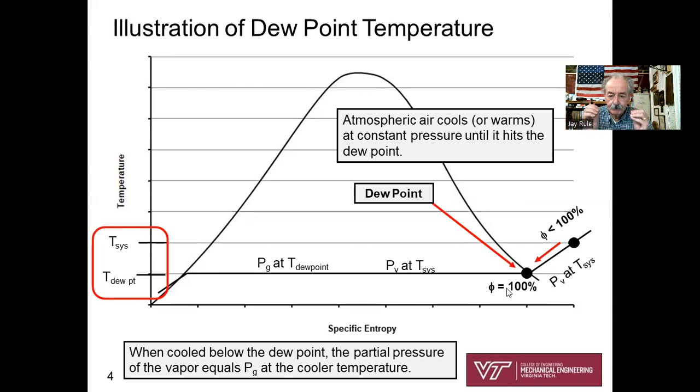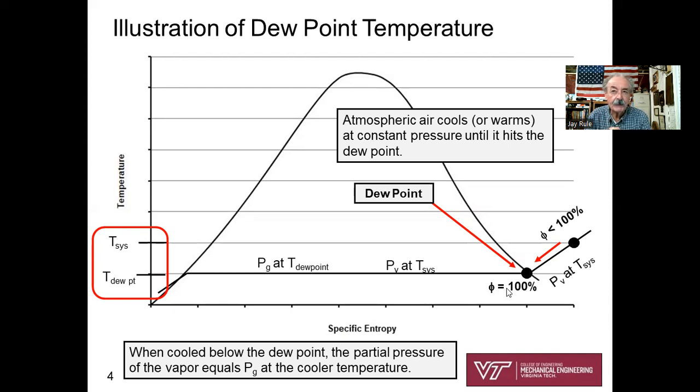And so if you think about the definition of humidity ratio, the mass of vapor divided by the mass of dry air in the mixture, that means that until the dew starts to form, we're cooling at constant humidity ratio.